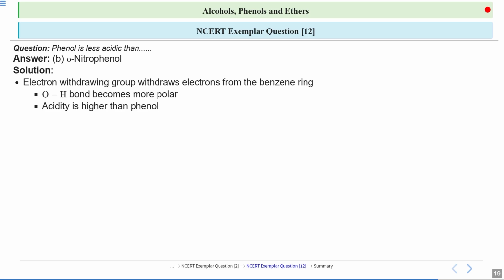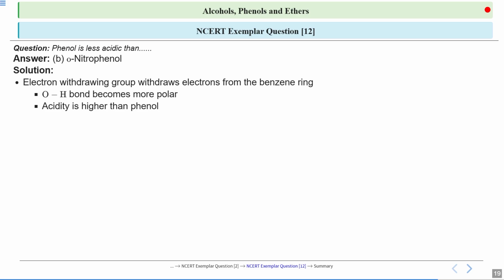Also in orthonitrophenol, acidity is higher comparatively to phenol because the nitro group is attached at the ortho position, which is actually the second position comparatively to the first position at which the hydroxyl group is attached in the phenol.